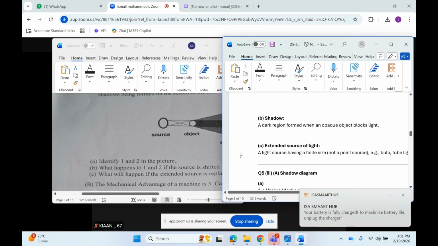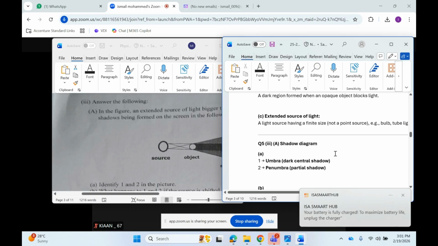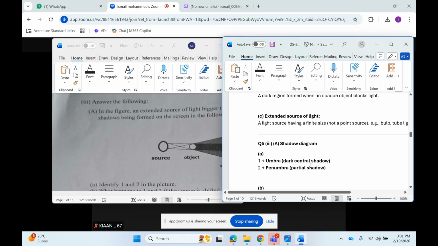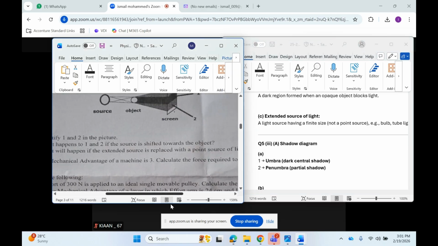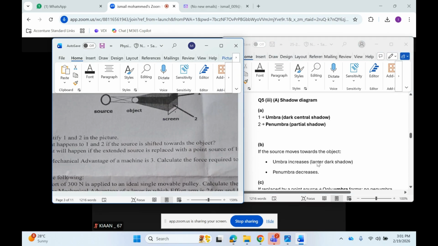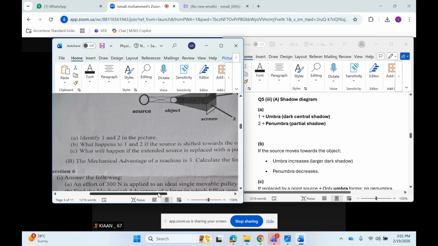Here it says this object. The dark central region is called umbra, and in picture 2 the outer region is the penumbra. Next, somewhat more difficult questions.